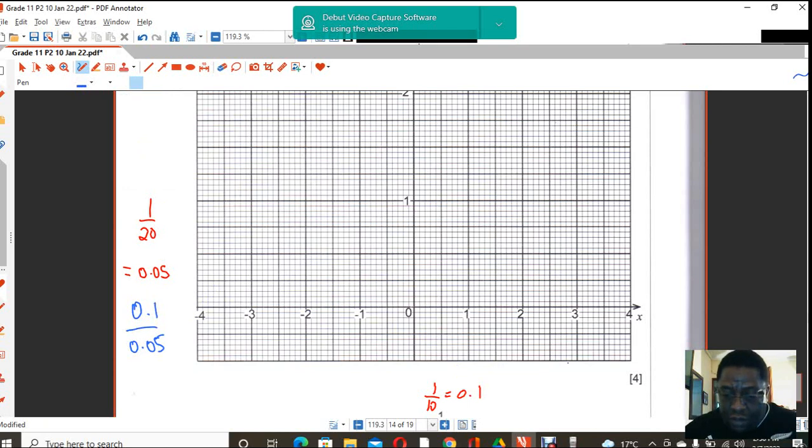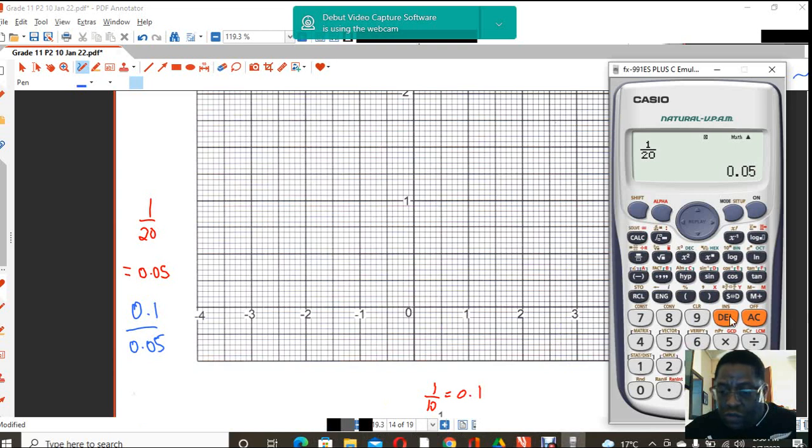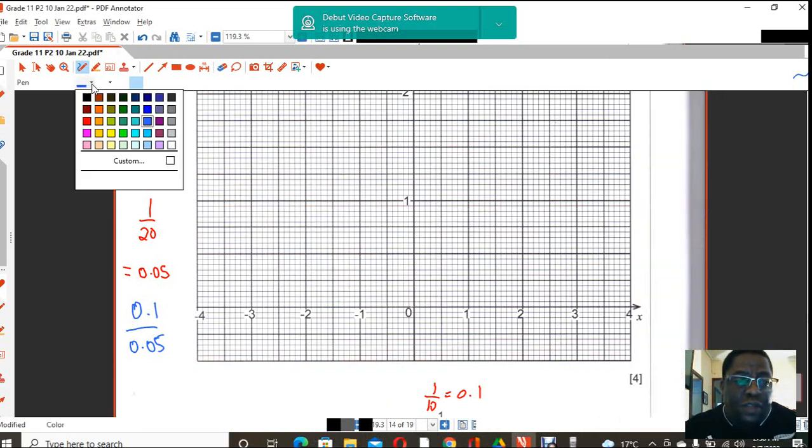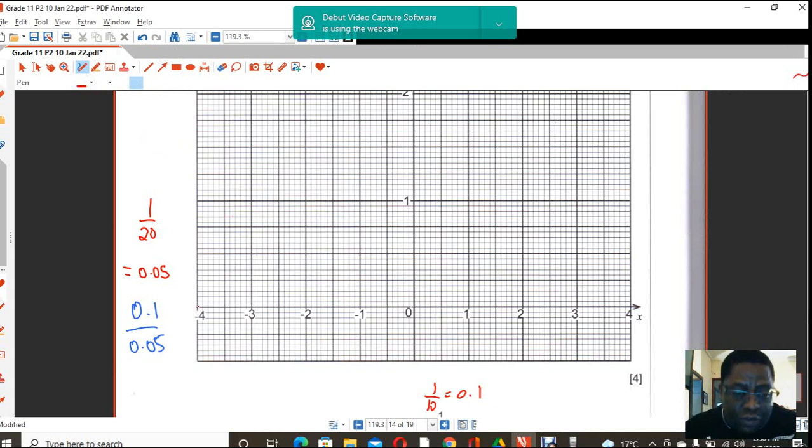Let me get to my calculator. 0.1 divided by 0.05 is 2 blocks. So that means this is going to be 1, 2 blocks right here. And I can go ahead and do the same on the other side also, because they are symmetrical.